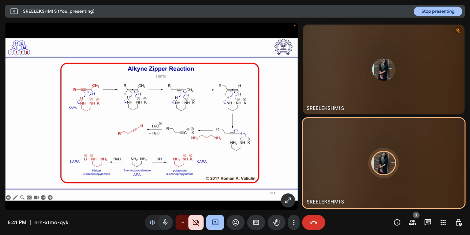This hydrazine kind of derivative is attacking over this alkyne to form this allene kind of intermediate, and then this proton is taken by other NH to form this one, and then again this proton is taken by this NH minus to form this intermediate, and which upon hydrolysis will give this one. So it is just like a migration kind of reaction, we can say, the alkyne zipper reaction.